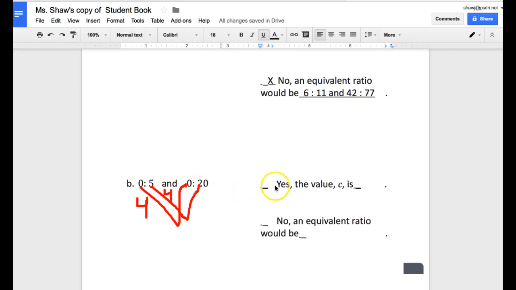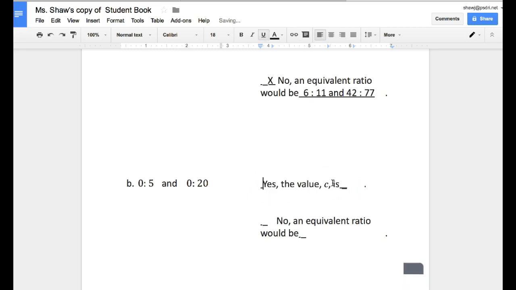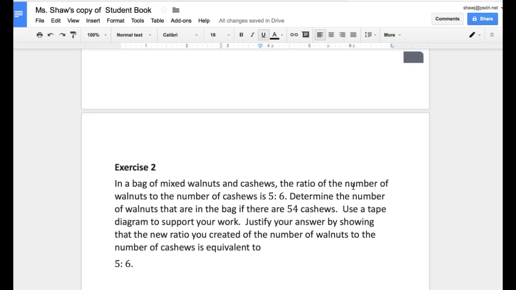So yeah, this can be an equivalent ratio. And what number do we multiply both sides by? We multiply both sides by 4. All right, so that was the trick.